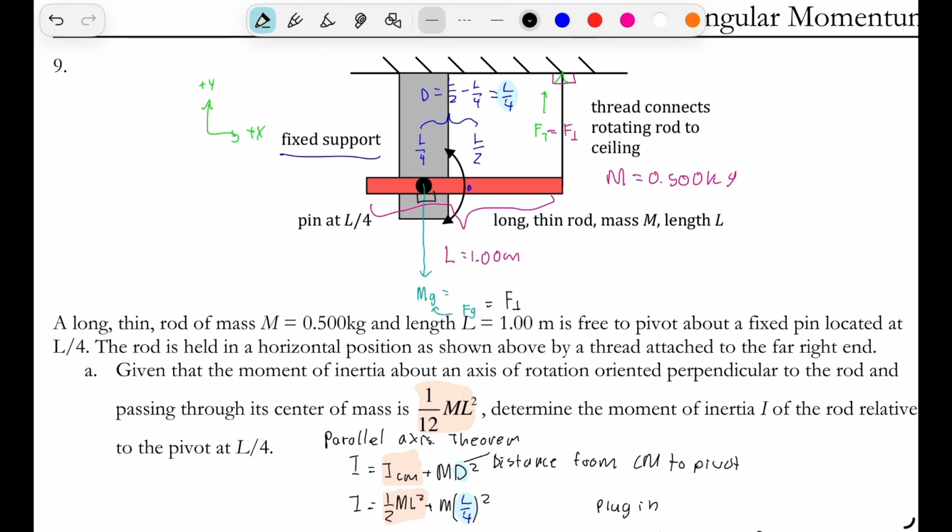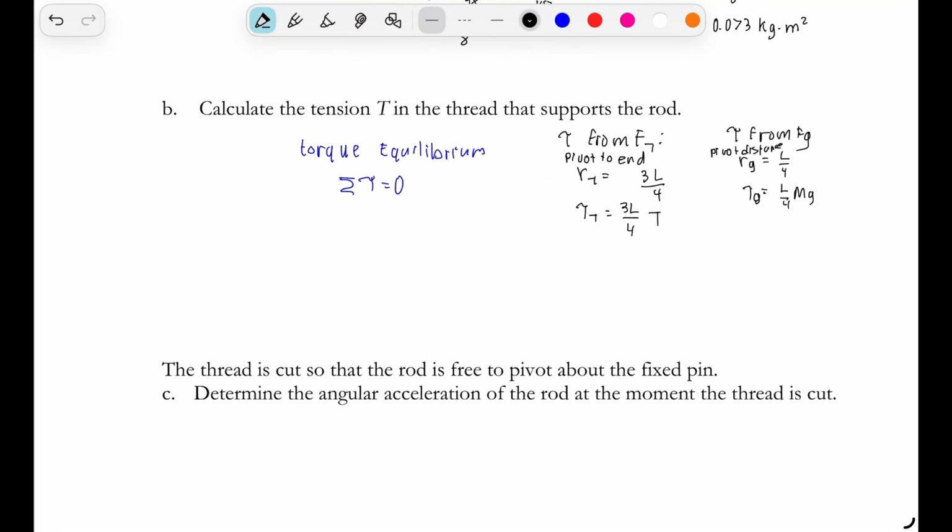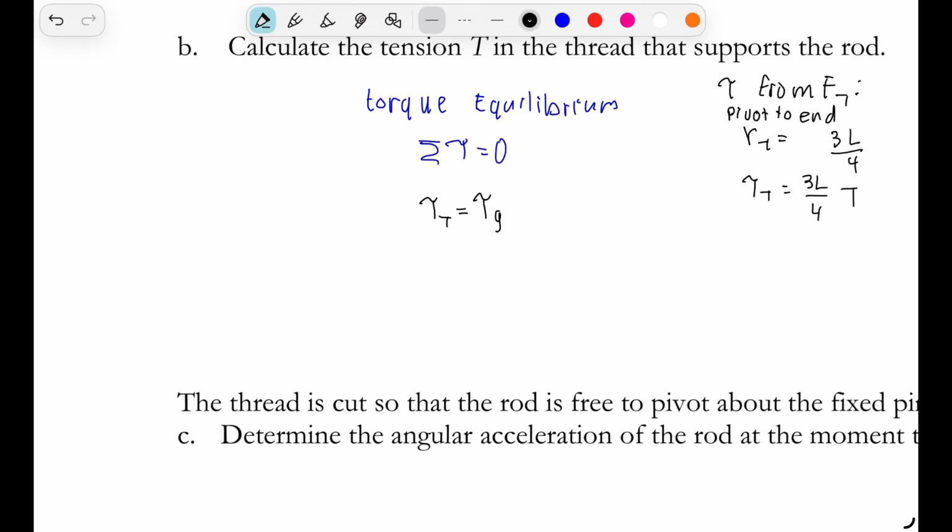So now after this, you can set them equal because you know the summation of the torque is 0, and those are the only two forces acting on this system. So the torque of the tension is equal to the torque of the gravity.